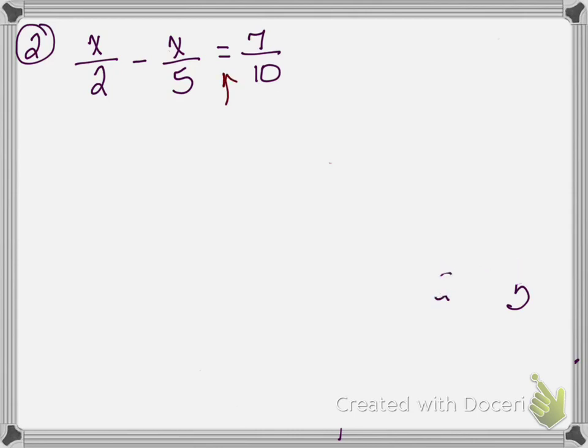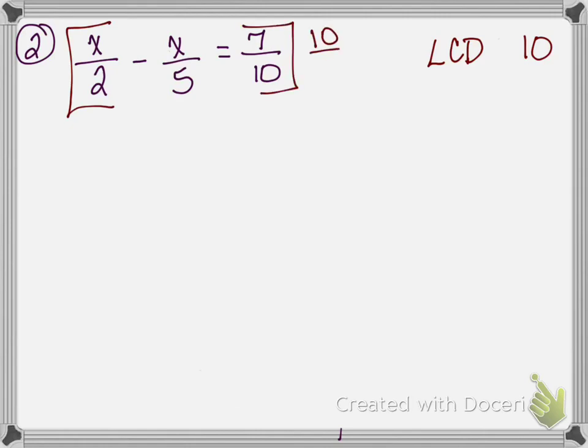I still have got to identify the common denominator. Then I just multiply everything by that common denominator. So between 2, 5, and 10, what is my common denominator? 10. Okay, and we call that the LCD. It's 10. So I am going to multiply everything by 10 over 1.